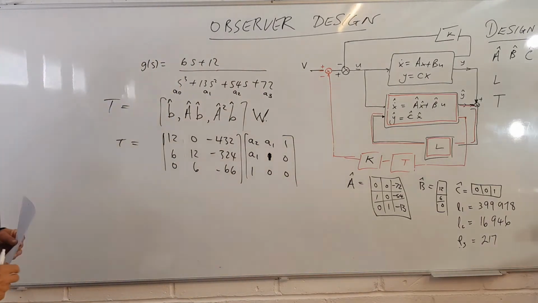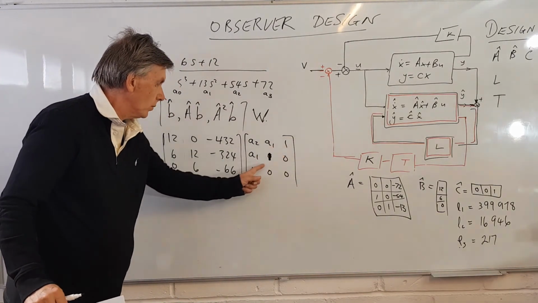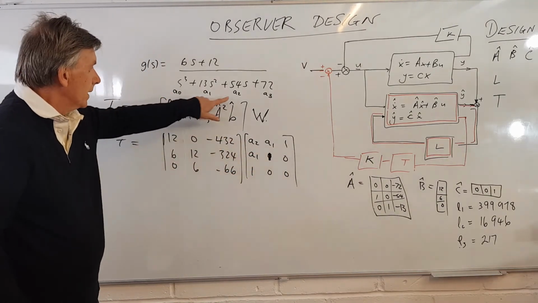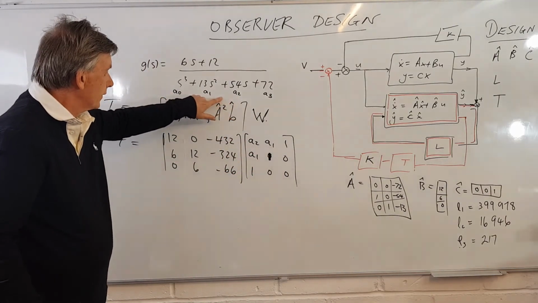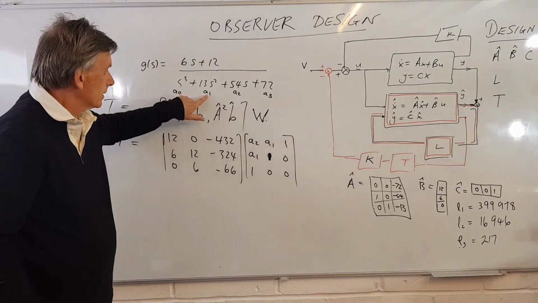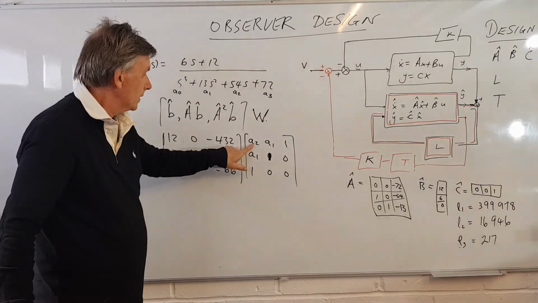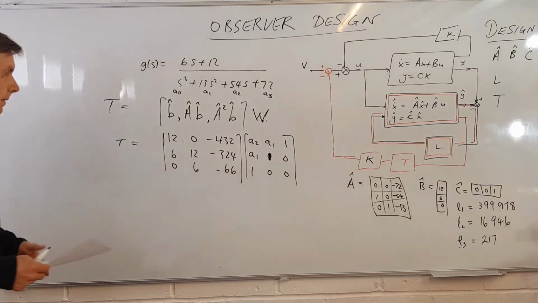This is the W matrix. It's basically filled up with ones there. This part is 0, and this part here is these coefficients here. So it's not that one, it's those two. So ignore the last one, that becomes A2, A1, and that becomes A1.